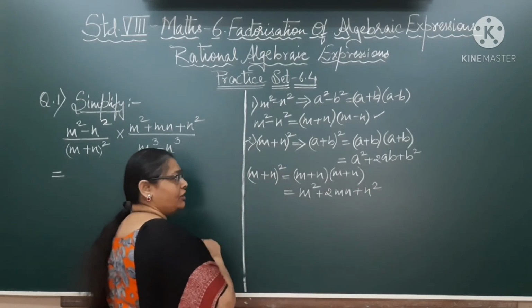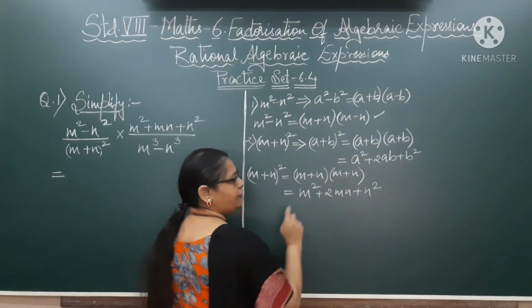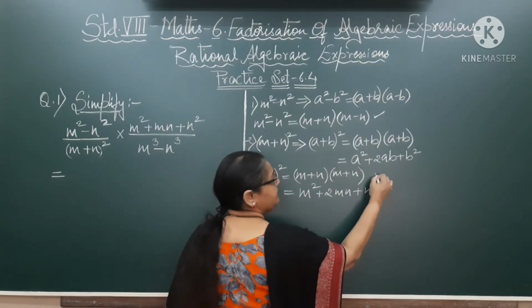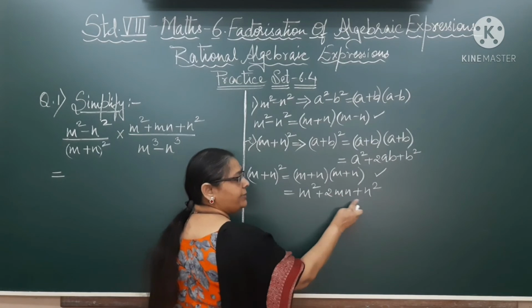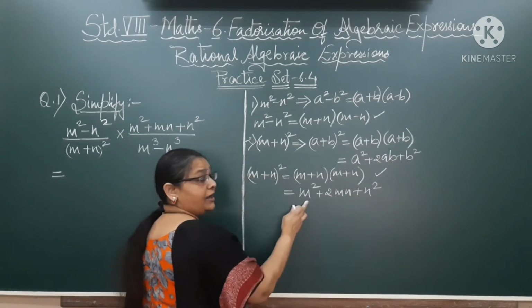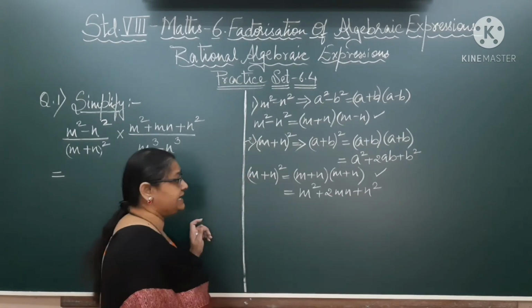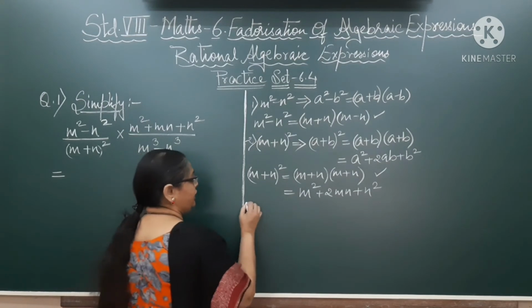So I have already got two factors, so I may use either this form or this form of expansion. Is that clear? So let us see which one we can use.